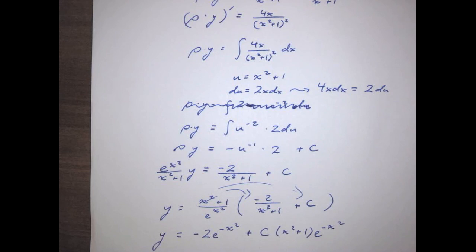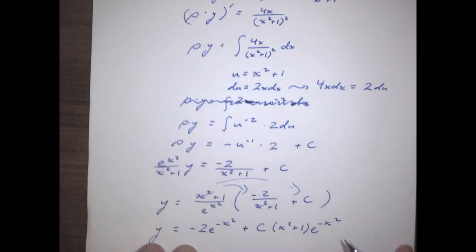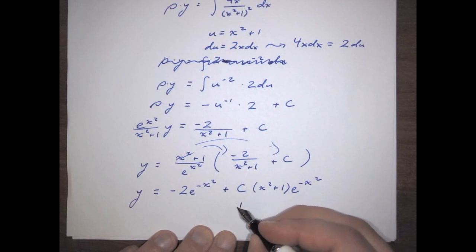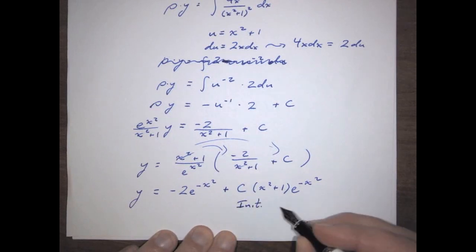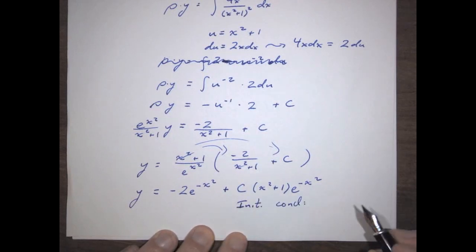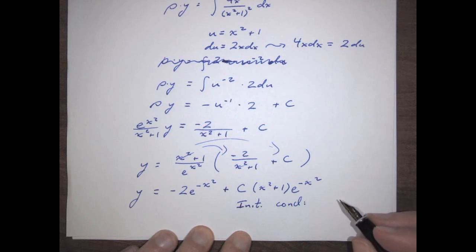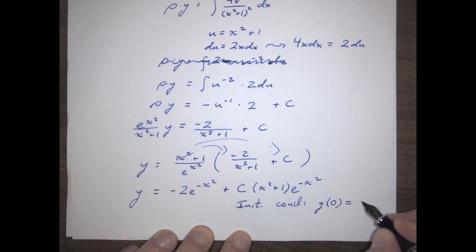Now, once again, this was not just a regular differential equation. This one happened to be specifically an initial value problem. So remember the initial condition, which was that y of 0 equaled 1.